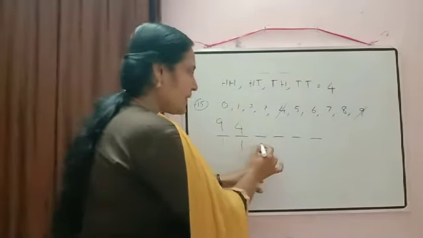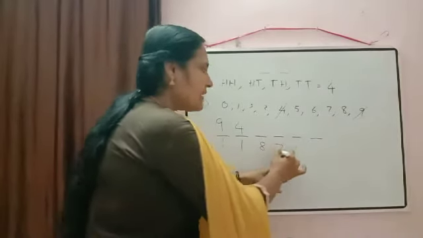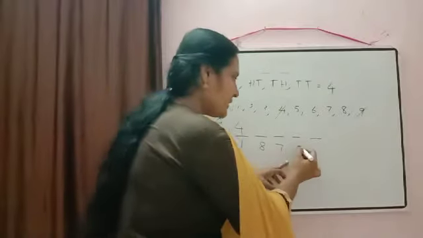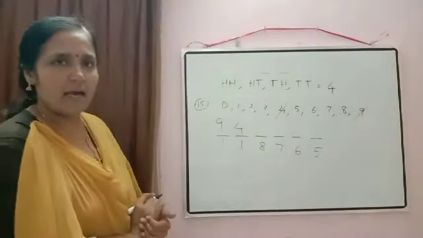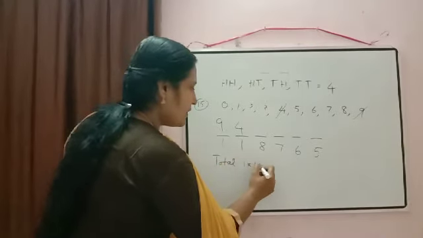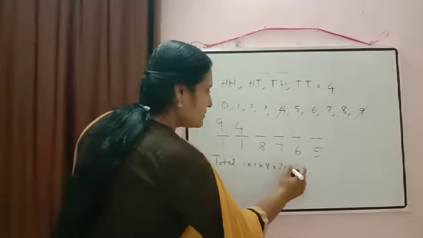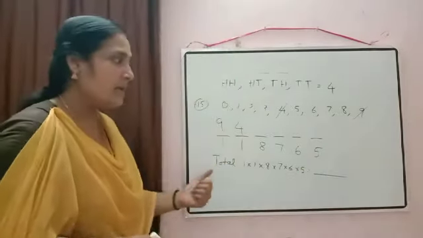So to fill this place, 8 options are available. To fill this one, 7 options will be available. Then for the next one, 6 options, and then at last 5 options are available. So the total will be equal to 1 into 1 into 8 into 7 into 6 into 5. You can multiply and write down the answer there.